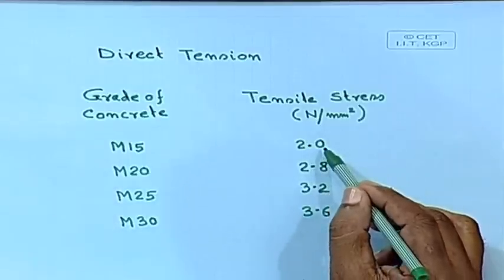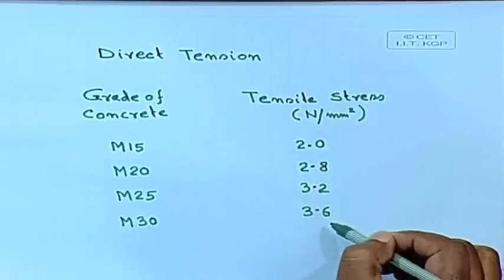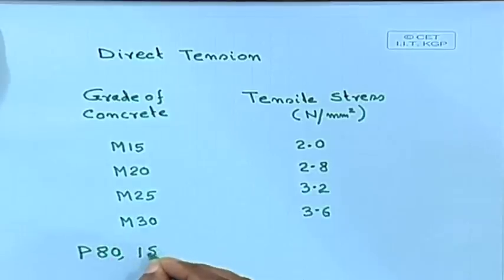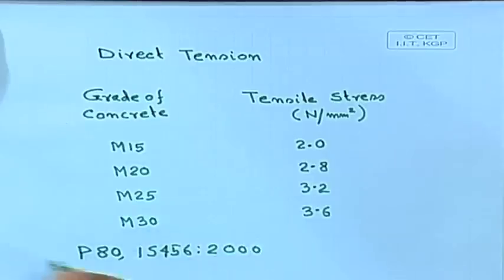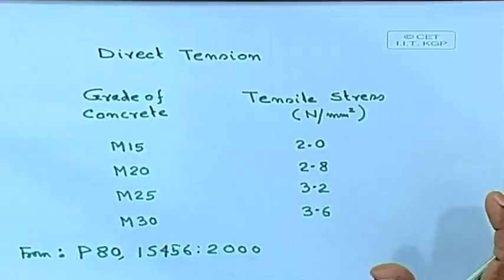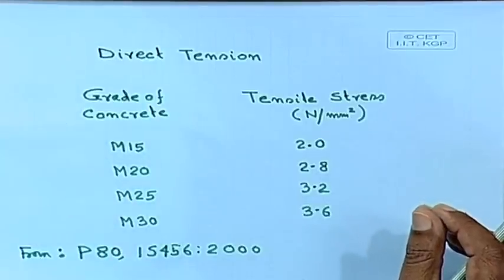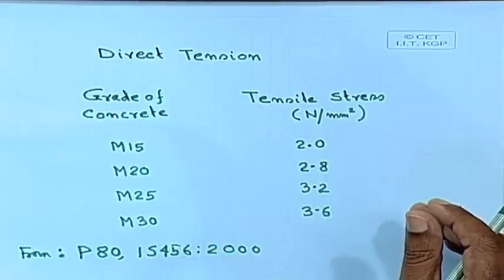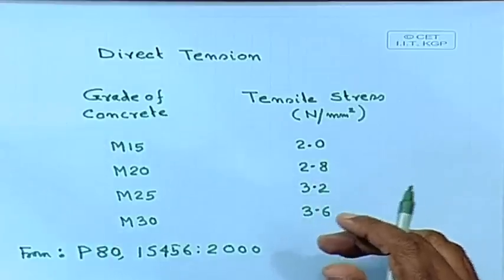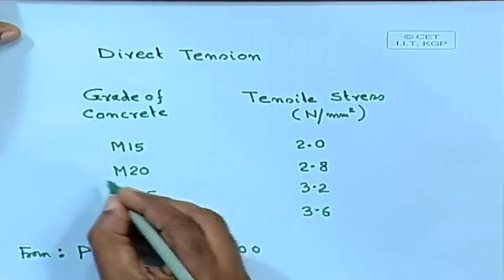So, our tensile stresses are 2, 2.8, 3.2, 3.6, and this is from page 80, IS 456 2000. These are the limiting values for concrete when it is under direct tension, and we shall mainly consider these two.